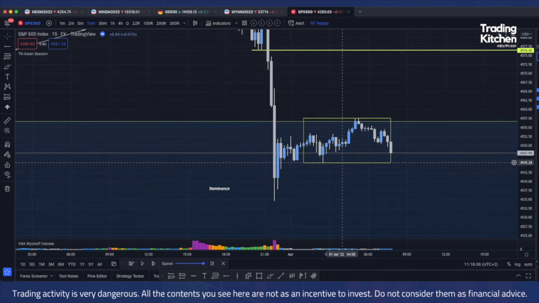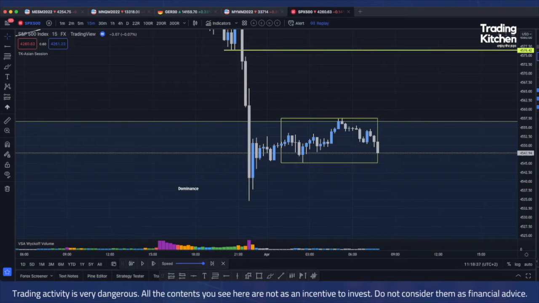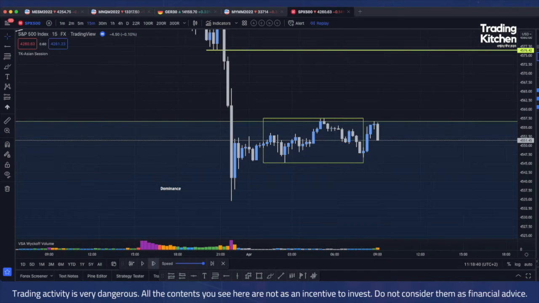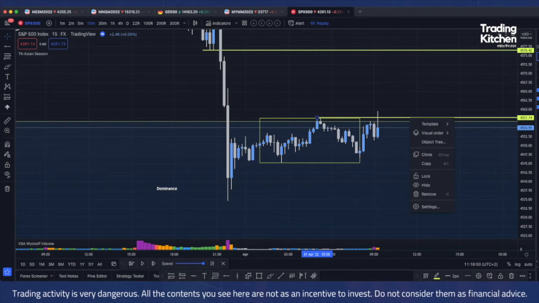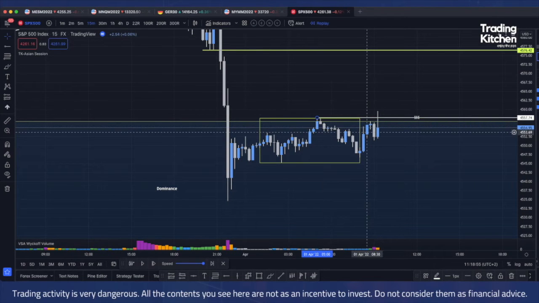Well, so let's go. I remain on the 15 minutes chart, and this is what I'm looking for usually, okay? So we have a double top here, so two highs, and it means that probably here there is liquidity, okay?